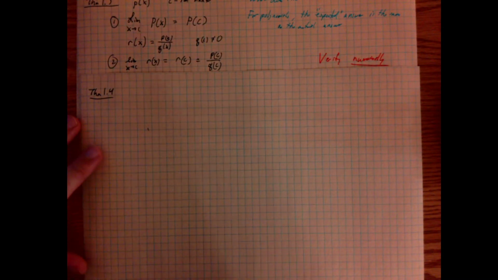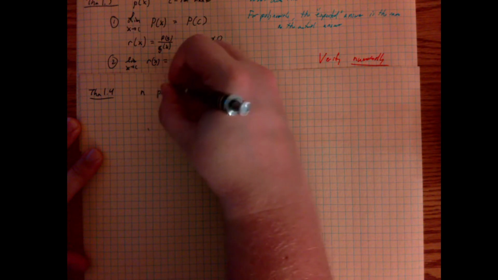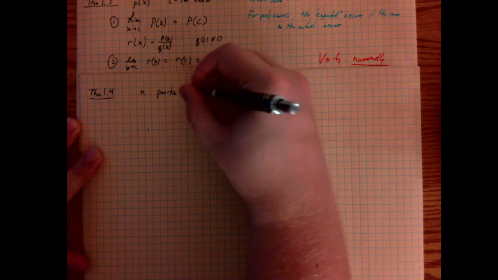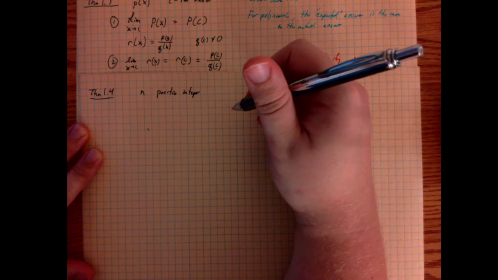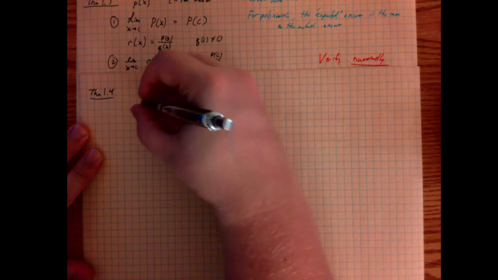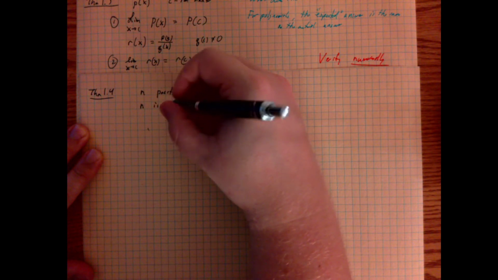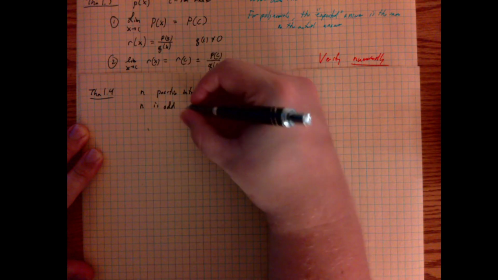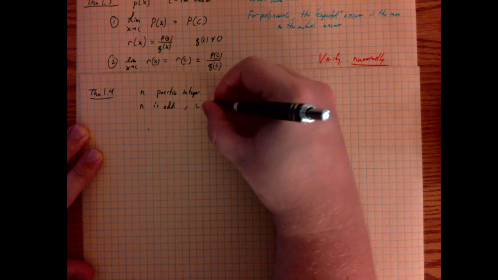Theorem 1.4. In this case, n needs to be a positive integer. This is true if n is odd and c greater than 0.